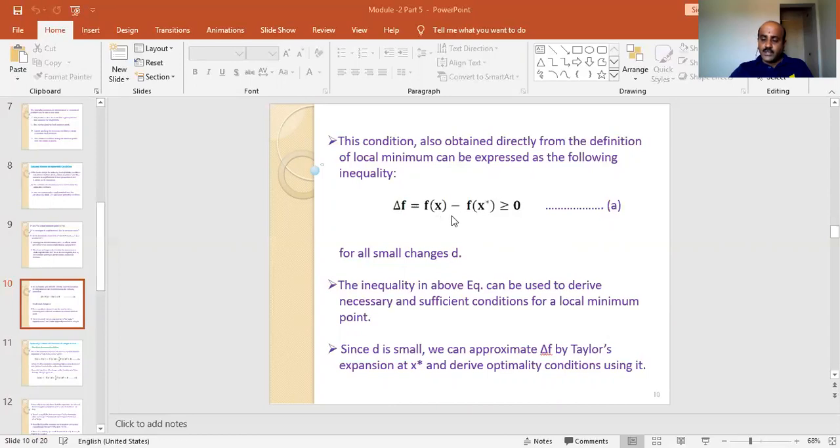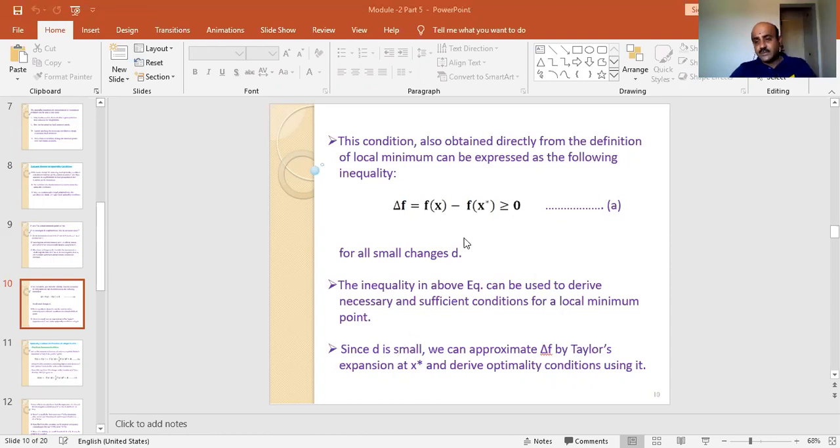For any change in x within the small neighborhood of x star, the change in f of x should be non-negative. It should either remain constant or increase. It cannot decrease. This inequality holds good for change in the function.